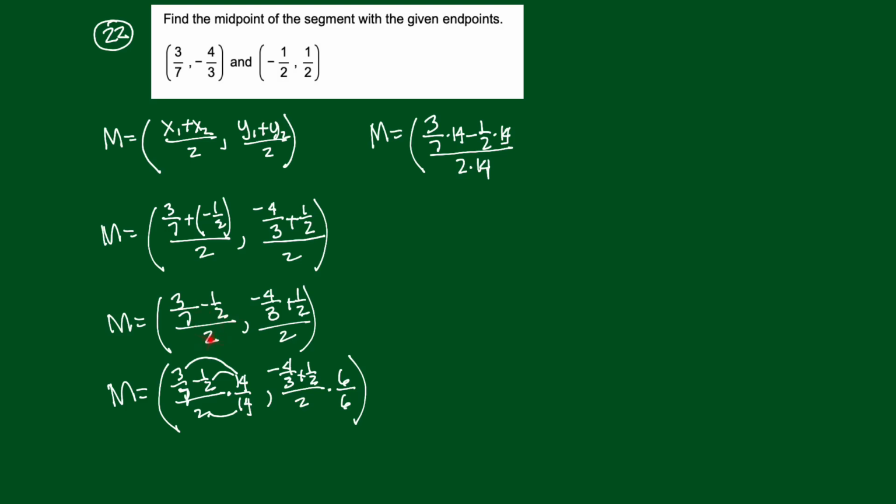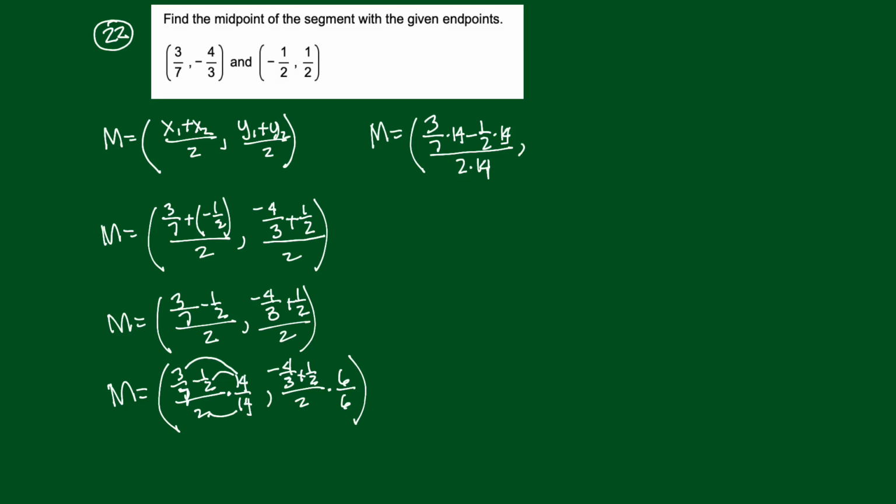Too many fractions. Get rid of the denominators. What's the least common multiple? The smallest number that the denominators divide into is 14. So I end up just multiplying every fraction, or all parts, by 14. Times 14, times 14, times 14. There it is. And the same for the next one.